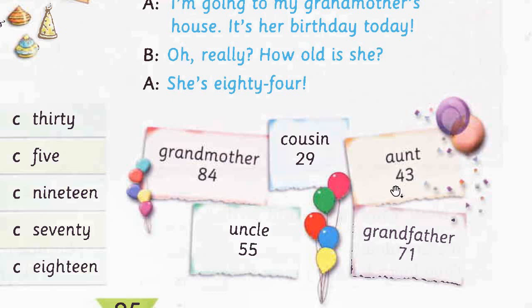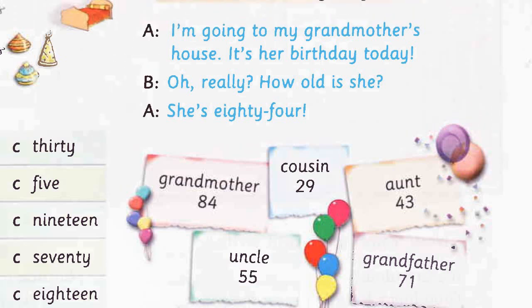Now, look at the next one. Aunt and the number. Now, can you form a question and answers as you did in the first and second? Can you do that? Oh, well done. Okay. So A: I'm going to my aunt's house. It's her birthday today.